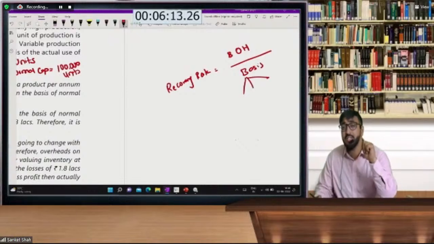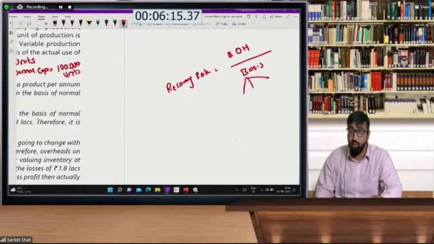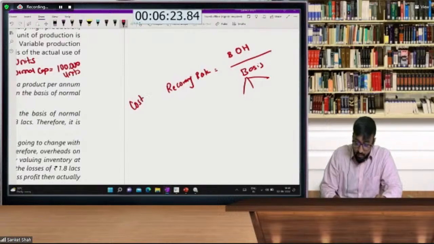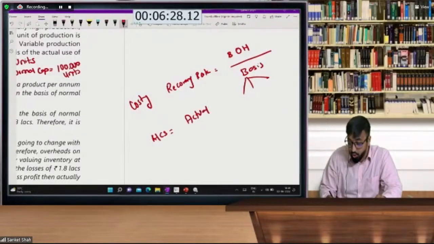Now there are 6 bases in costing for recovery rate or absorption rate calculation. But in accounts, we consider actual overheads divided by normal capacity.